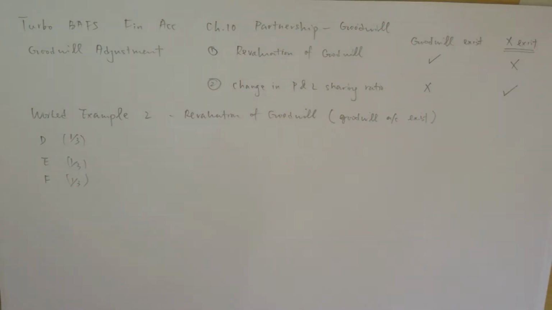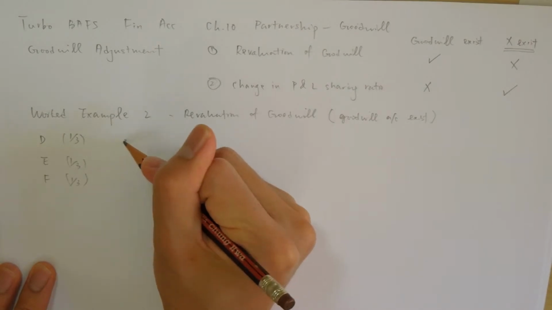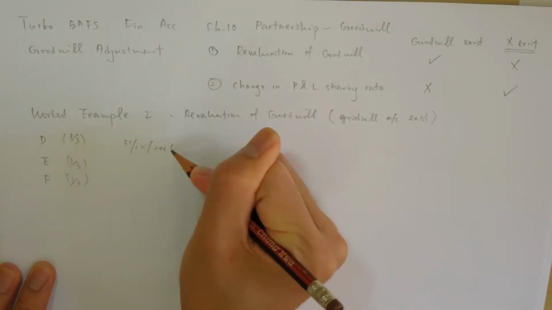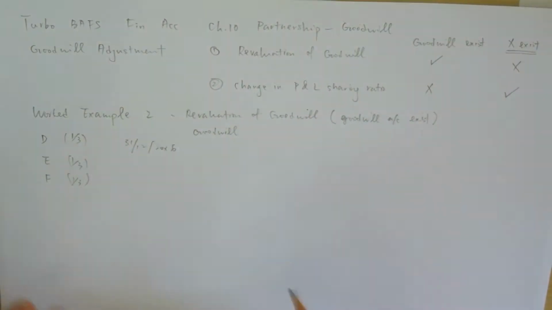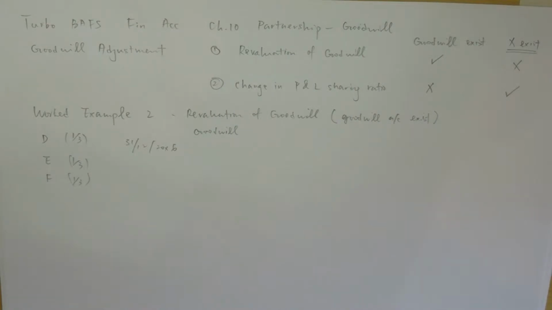Okay, next one. The goodwill changes on two days. The first one is on 31 December 20X6: the goodwill was found undervalued by 2,700.